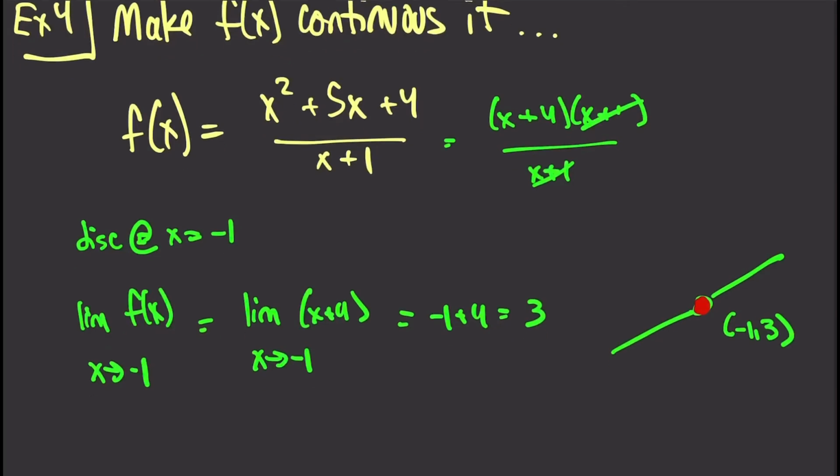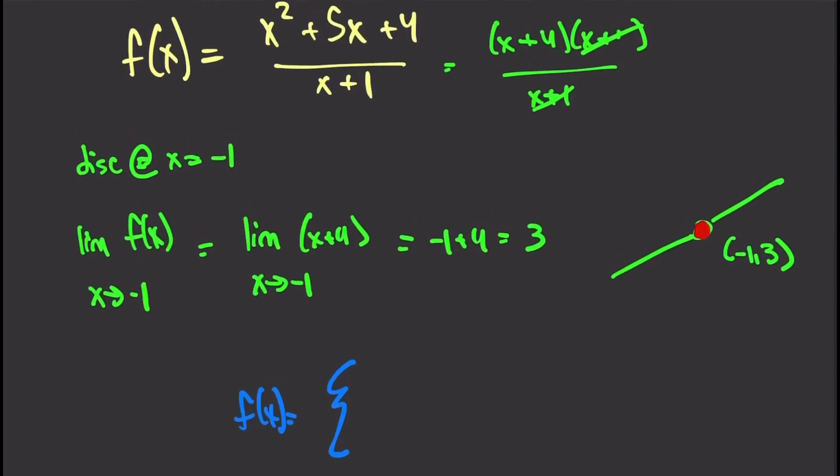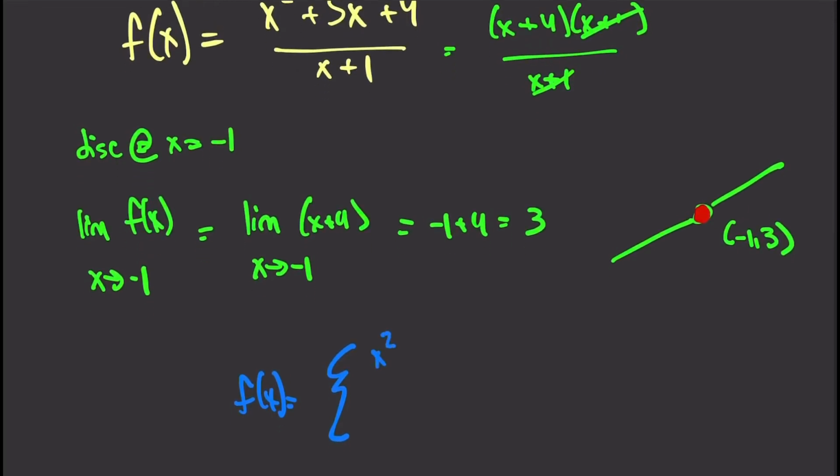All right, so let's create a piecewise function here. f of x equals the original function, so that's going to be x squared plus 5x plus 4 over x plus 1 everywhere except -1. All right, so that's going to give us this. And now I need to create something that's going to fill that hole.